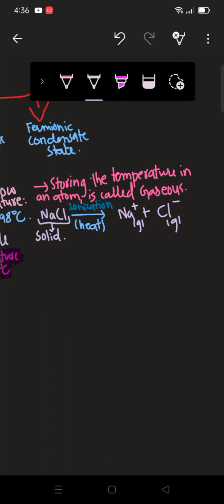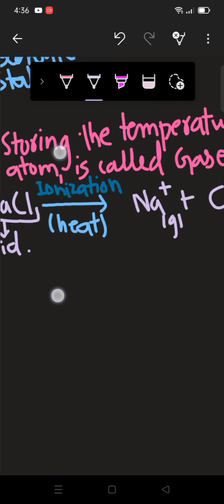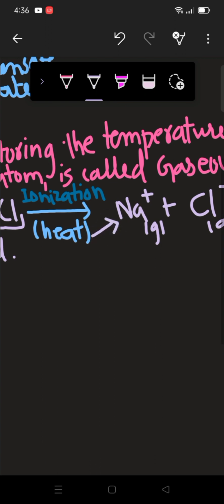When we provide heat to the NaCl, we know it is converted into ions. However, some heat is stored in this Na and some heat is stored in the Cl. So the storing of this heat in the elements or atoms is what we call the gaseous form, which means now the heat is stored in this sodium atom.